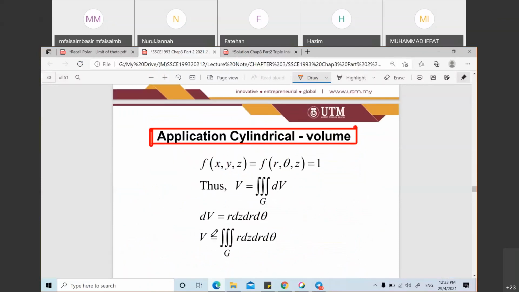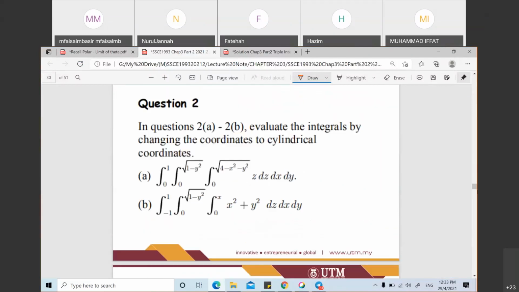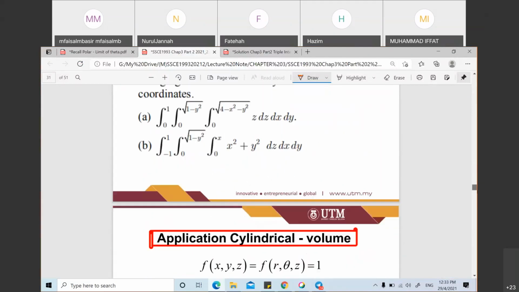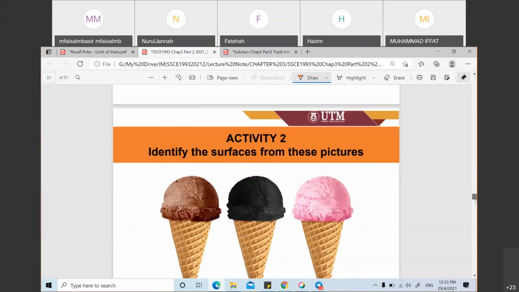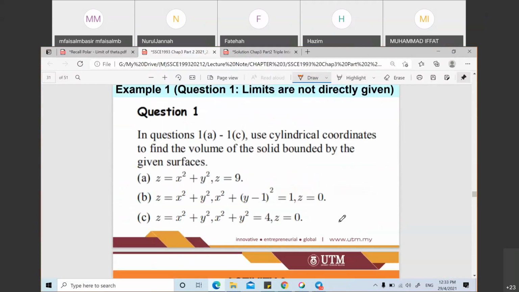Okay, application. Volume will be the triple integral of 1 dV. The dV is r dz dr d theta. And you can see some examples here. This is not a circle. Is it a circle?